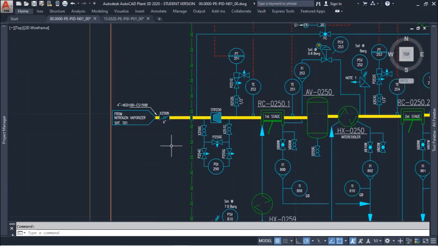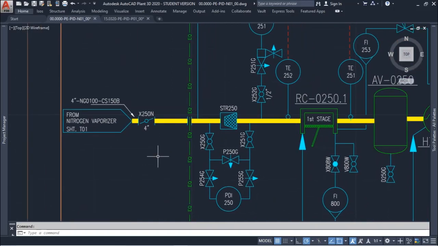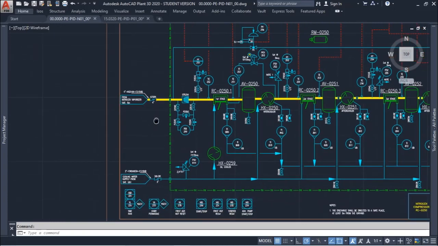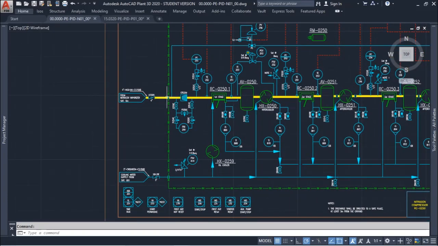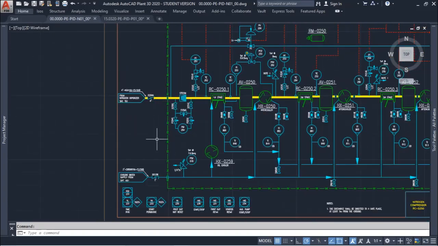What would help you also to understand what is the main stream in a drawing is that some companies use a thicker line to represent the main process. So you can see that the nitrogen line is thicker than the cooling water line.